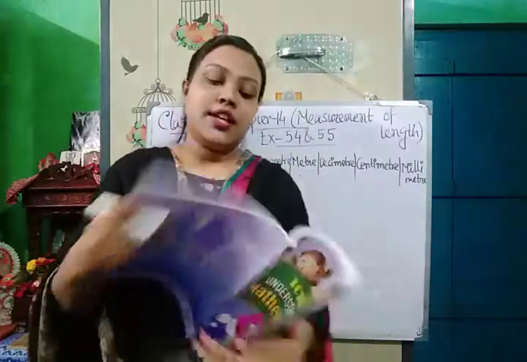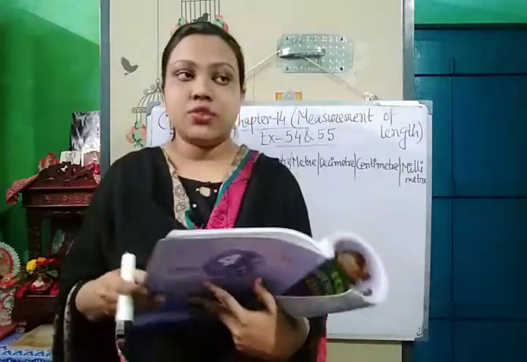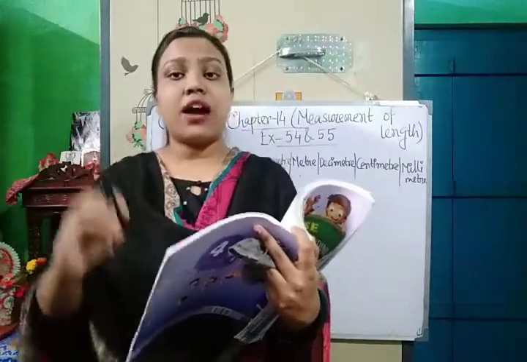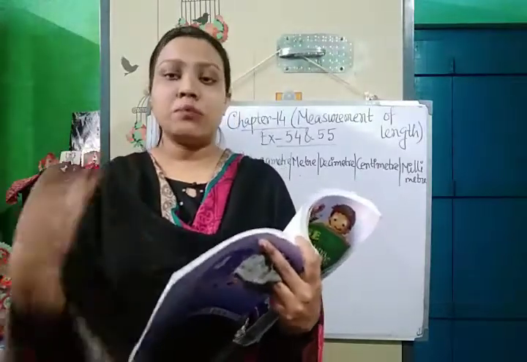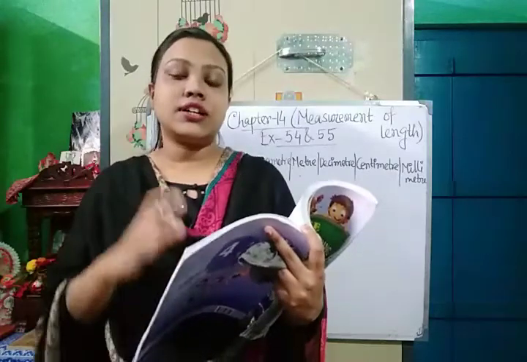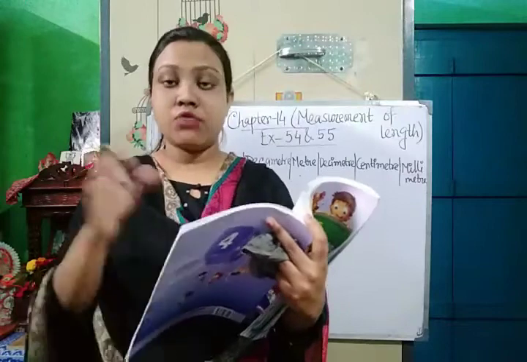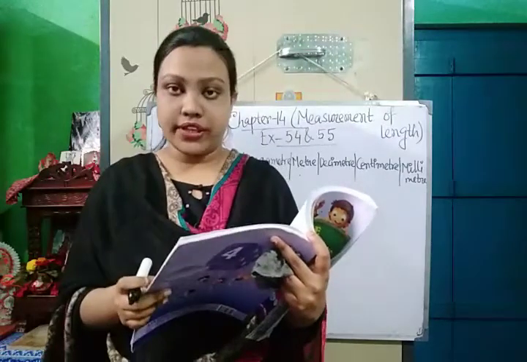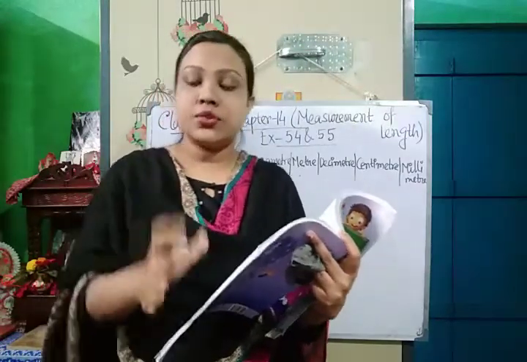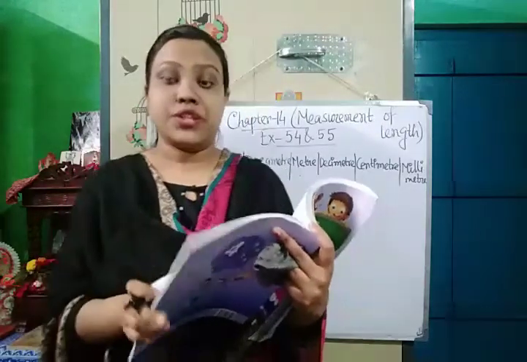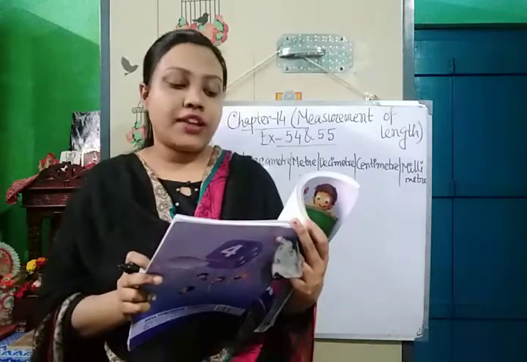Okay, next is speed of a car. Now this is another unit which is called kilometer per hour. In 1 hour, how much distance the car is covering, that is called the speed of the car. So that's why we use the unit here kilometer per hour. Okay, we usually use this unit. Next is length of an aeroplane.